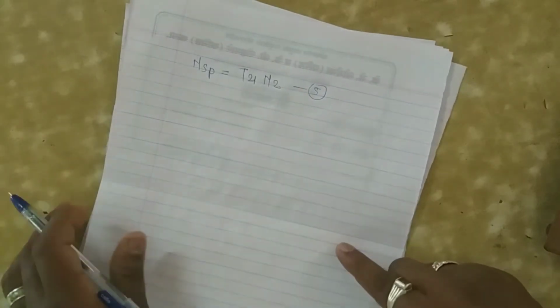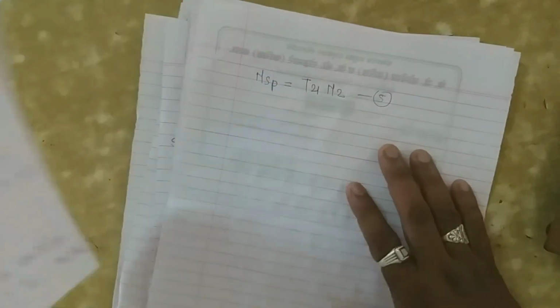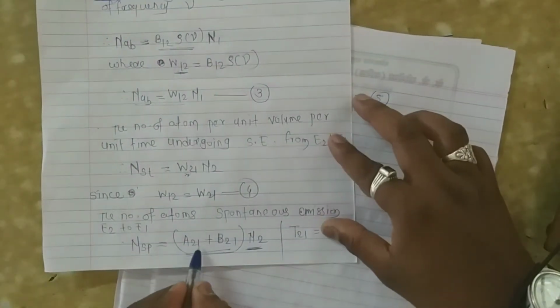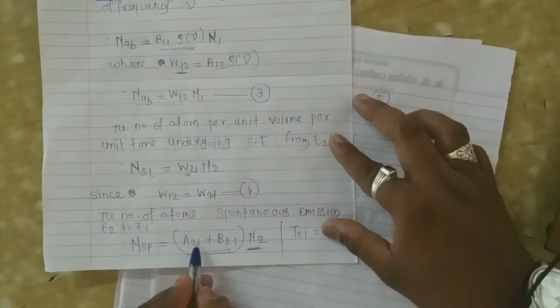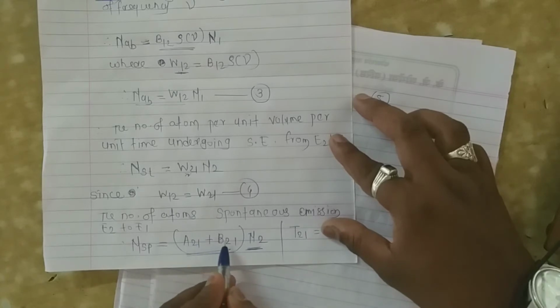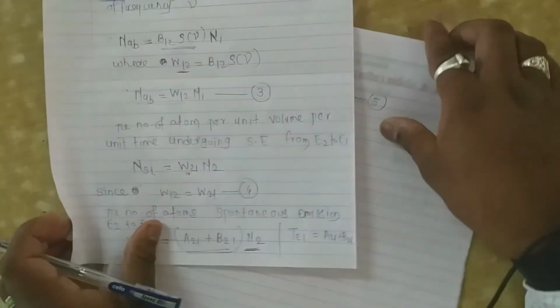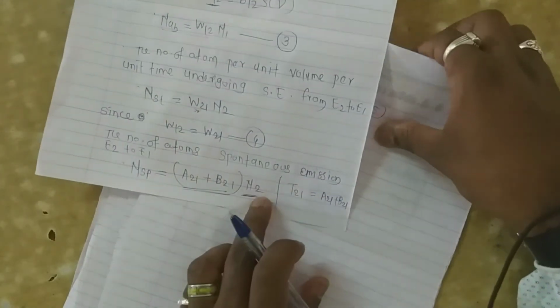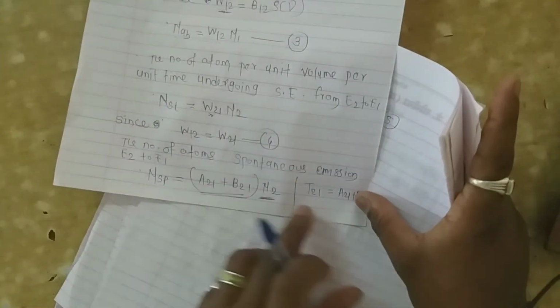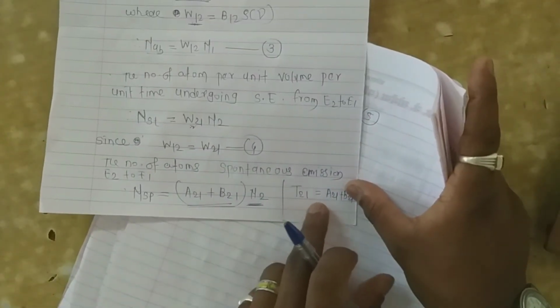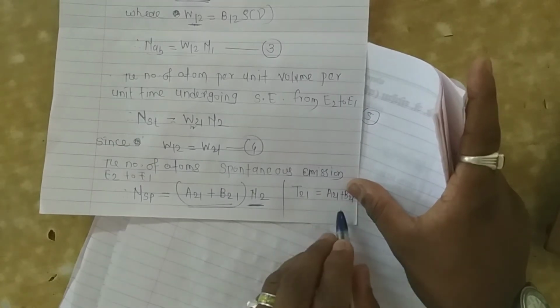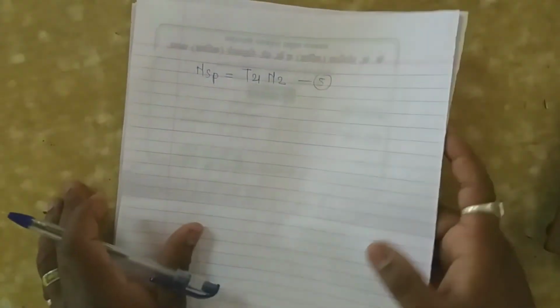N suffix SP is equal to the sum A21 plus B21 into N2, in which state, E2. That sum is T21, equal to A21 plus B21, so NSP is equal to T21 into N2, equation number 5.